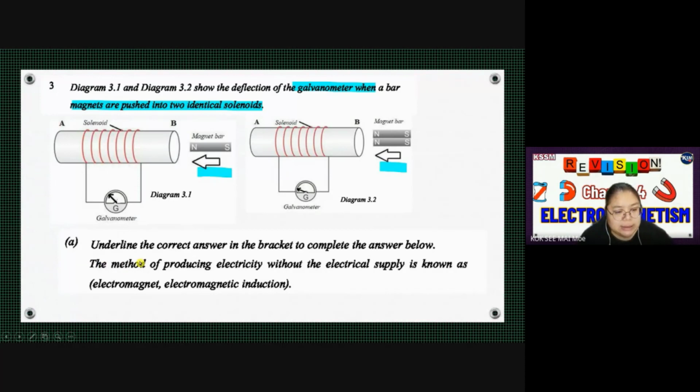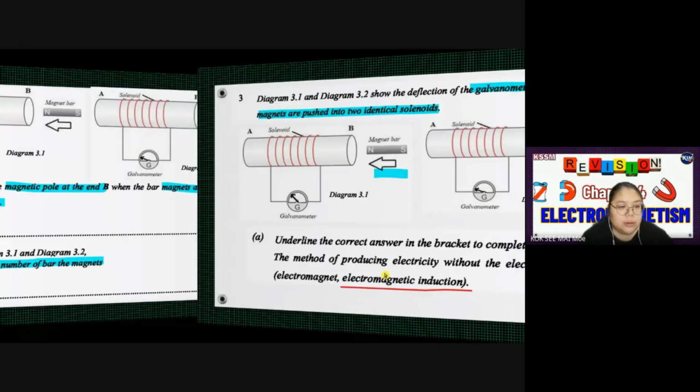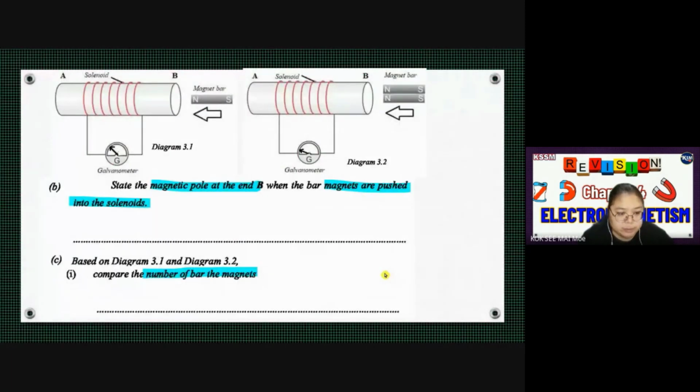You need to underline the correct answer in the bracket to complete the answer below. The method of producing electricity without an electrical supply. So this one uses what concept? From here, it is surely electromagnetic induction, using motion to produce current. So now we do the comparison.